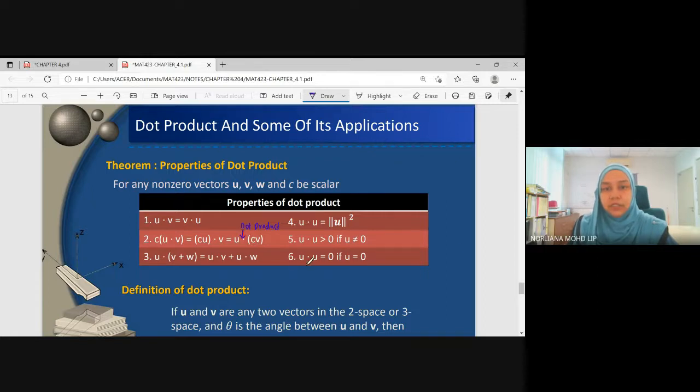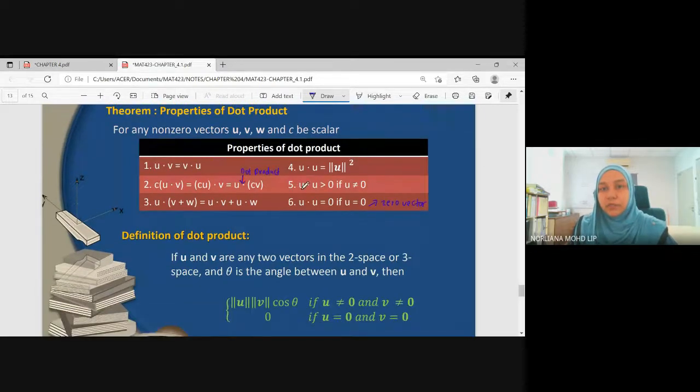Number 6, u dot u is equal to 0 if u is equal to 0. u equal to 0 means the zero vector. And in number 5, u is not a zero vector.